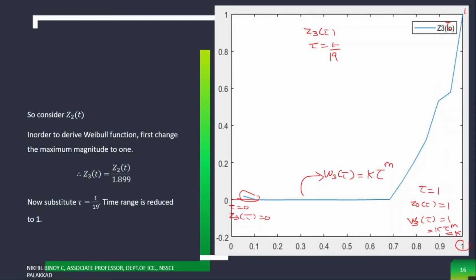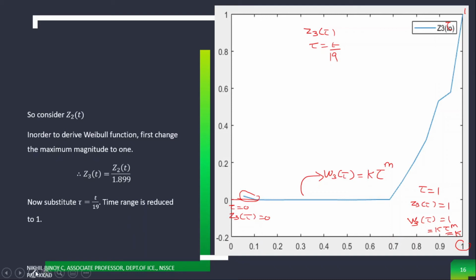Yes, exactly. As W3 of tau is equal to 1 at tau equal to 1, k tau raised to m is equal to 1 where tau equal to 1. So k equal to 1. So by using this boundary condition, we can find the value of k equal to 1.